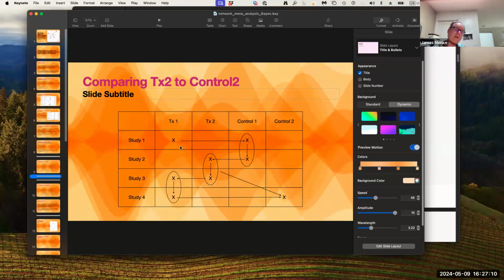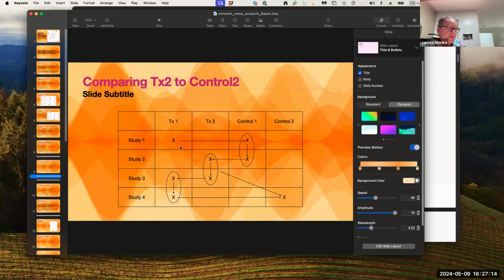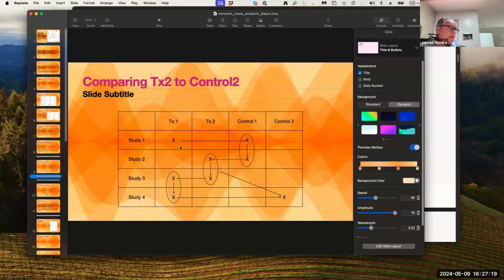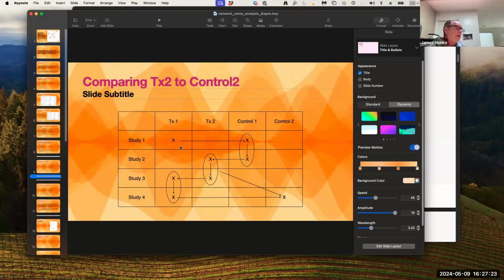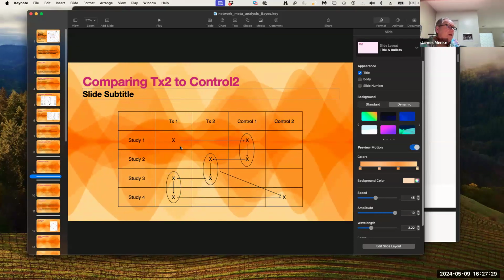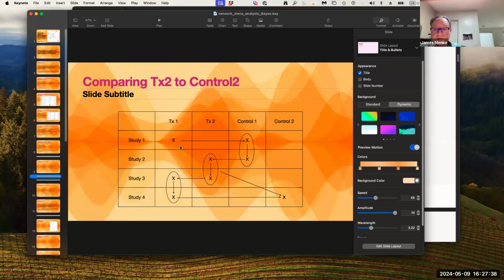So we consider the studies a random effect in these models, and we provide the code for that. The control 1 has some similarities, but we're going to hedge our bets by making study 1 and 2 random effects, and then study 2 and study 3 for treatment 2. Same. As they say in Malaysia, same.